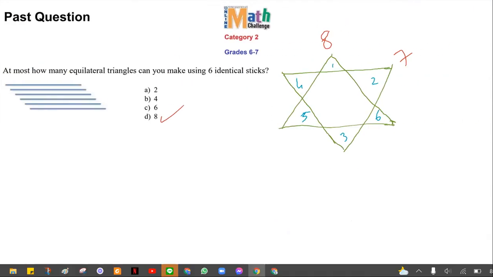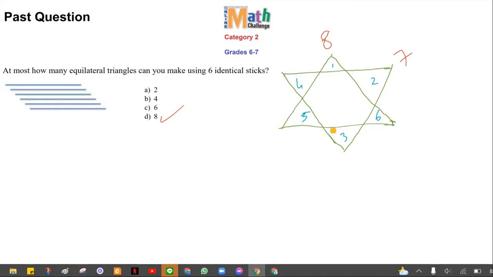For our second question, this is kind of like a puzzle or IQ question. We have 6 sticks of the same size, and using these, it asks the maximum number of triangles we can make.